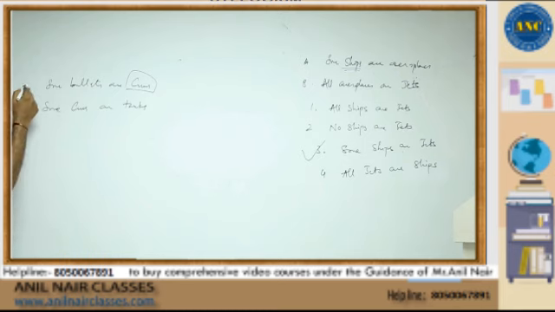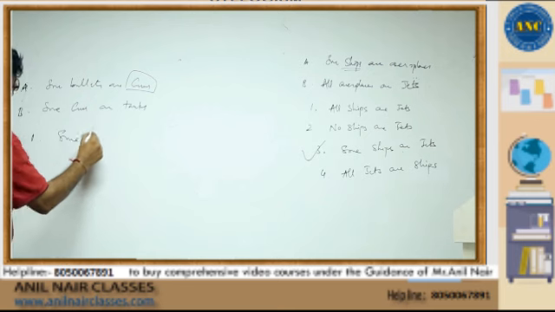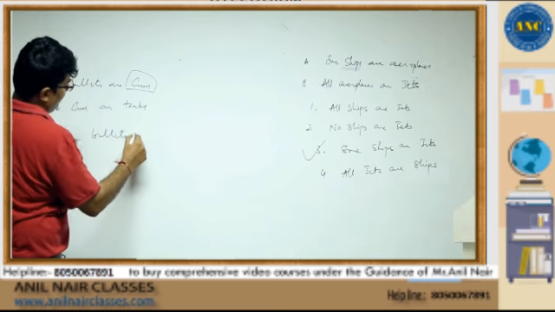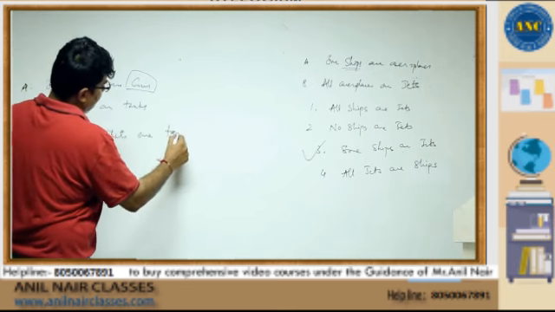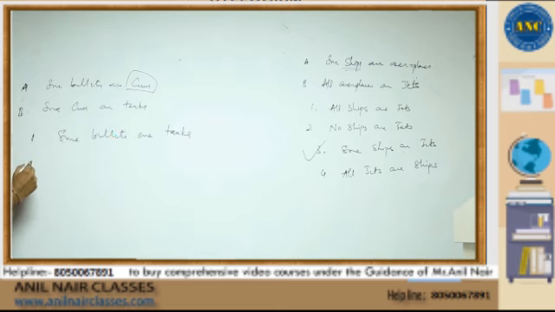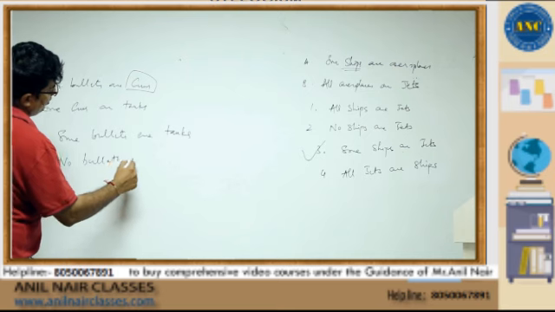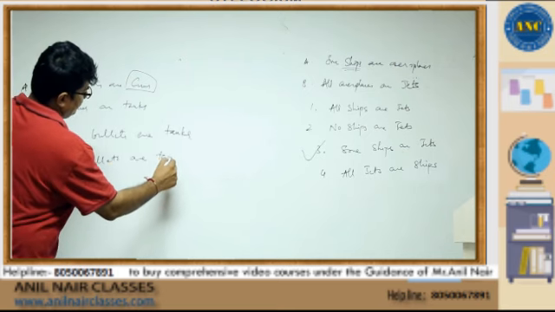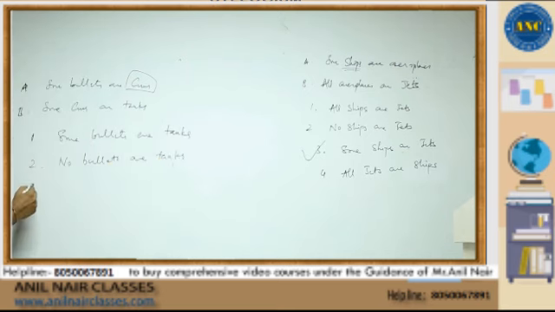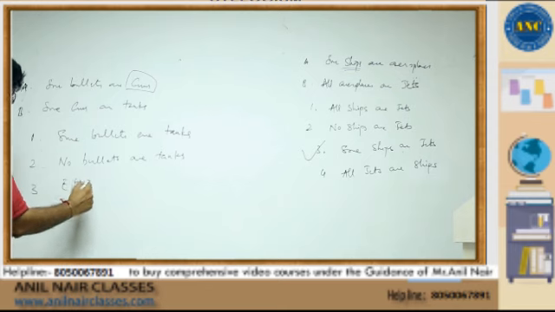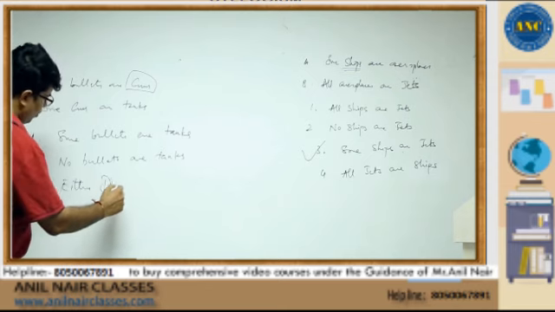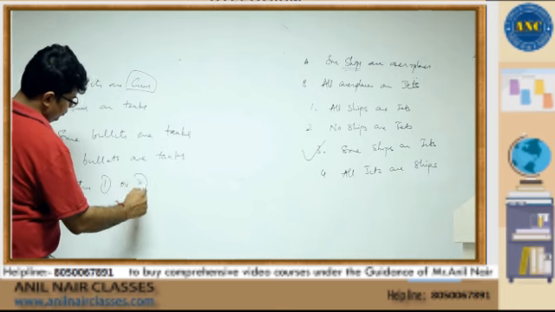Let me take this as A and B. First one: some bullets are tanks. Second: no bullets are tanks. Now take the third option, either one or two.